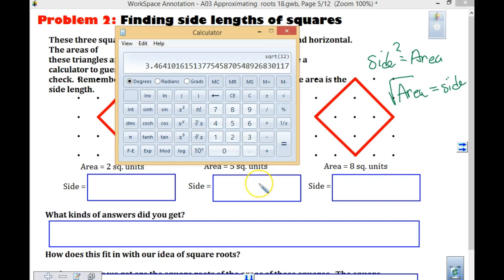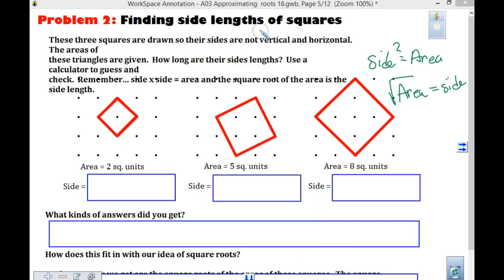When we look at square root 5, 2 squared is 4, 3 squared is 9. It has to be between 2 and 3, right? You can use your calculator by all means. Square root of 2, we're going to put it down, and what does it ask us to do? It says find this side. So if we are finding this side, what should I have for a number?